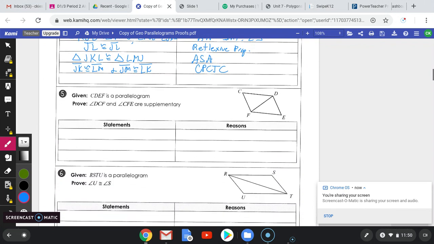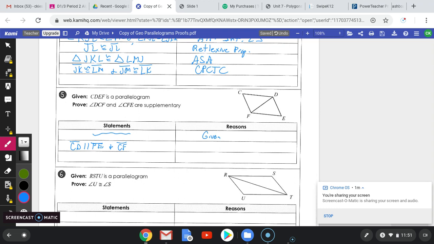So on that note, let's look at number 5 here. Number 5 says figure CDEF is a parallelogram. So bam, gonna write it down. That is given. Because that's given to me, I've got to define it. So that means CD is parallel to FE, and CF is parallel to DE, because that's the definition of parallelogram.